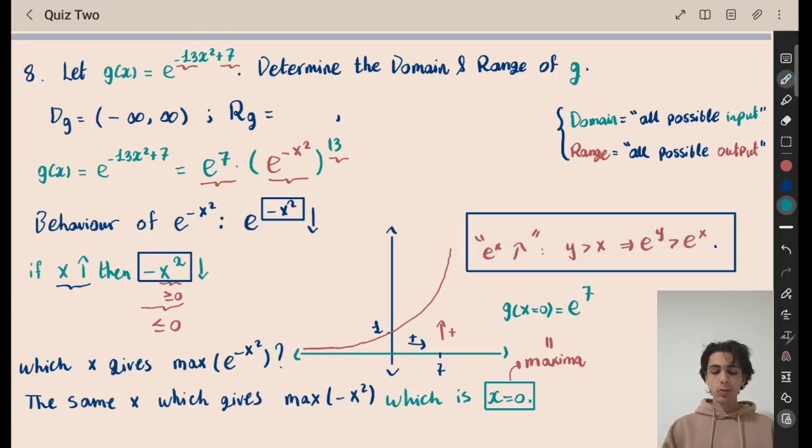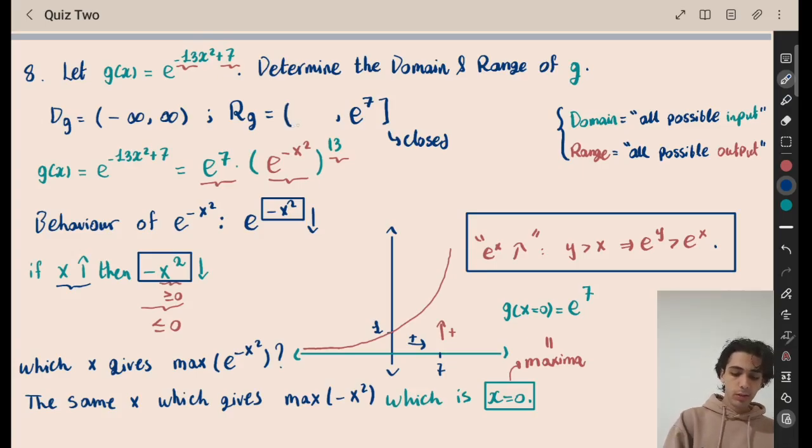Since x is equal to 0 is in the domain, then this is in our range. And this is the maximum value we can attain. So there will not be any values that exceed e to the 7th. And this is a closed interval, which includes this point.